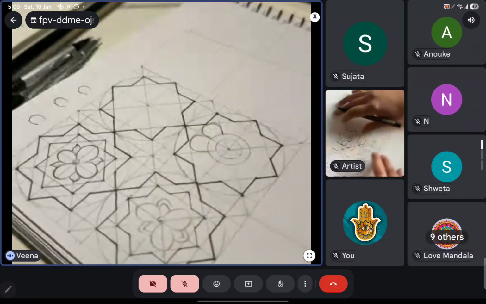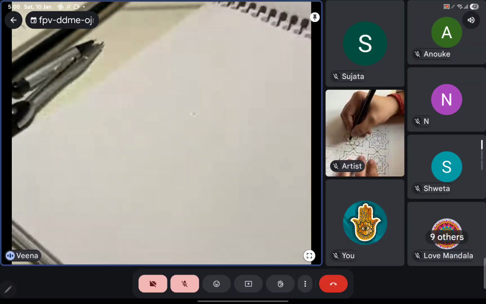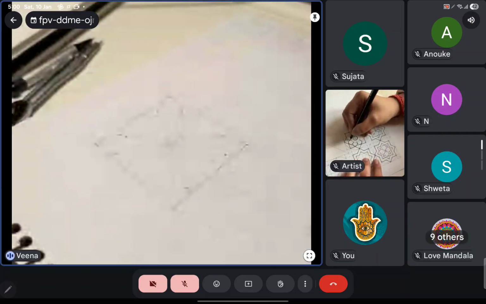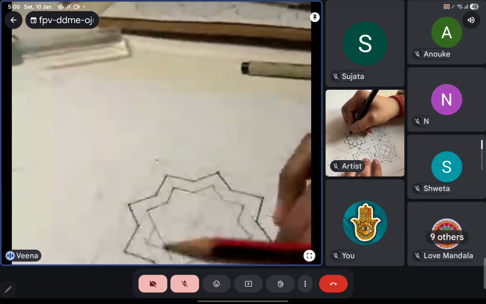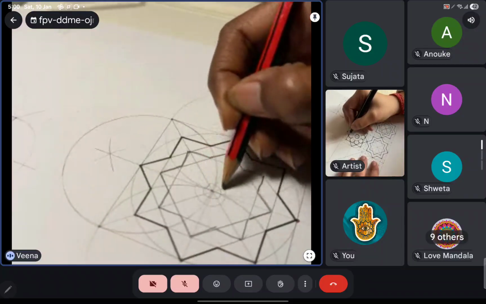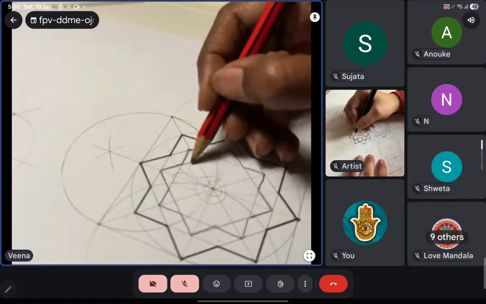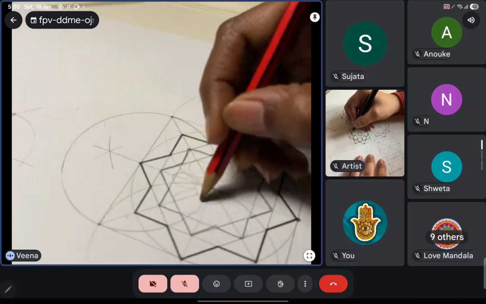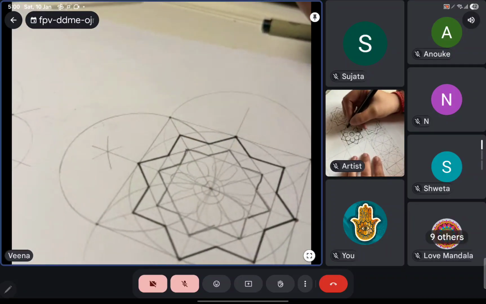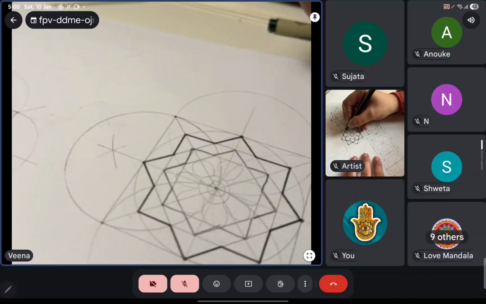If it was a bigger pattern, like when we were learning over here, if the measurements were a little bigger, yes, you could do your mandala in this also with the double. Is it understandable now? Yeah?